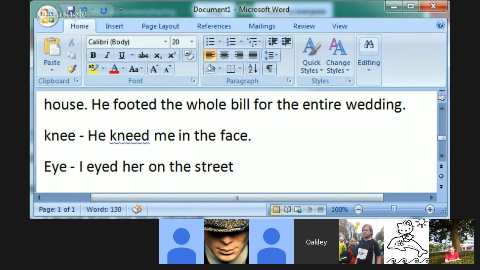Along can imply some continuation. There are many stores along the street. So it can mean a continuation. I have eyed her along the street.